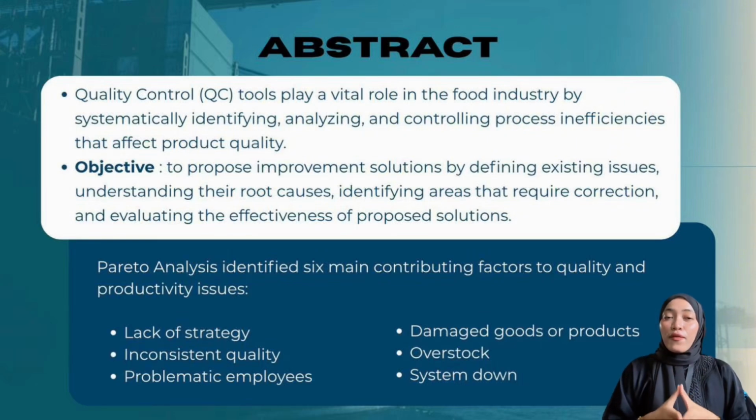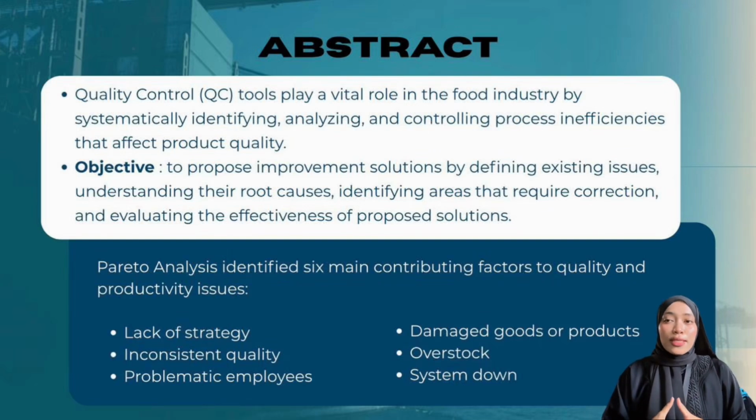So, Saleh Food Empire Kerepek has been chosen to conduct our case study, and the production manager has been interviewed to gather necessary information. Based on Pareto analysis, 6 main causes have been identified: the first is lack of strategy, the second is inconsistent quality, the third is problematic employees, then damaged goods or product, overstock, and system down.